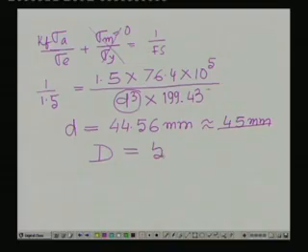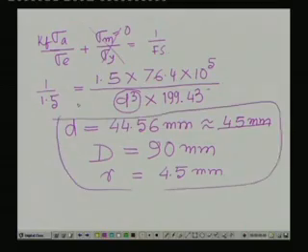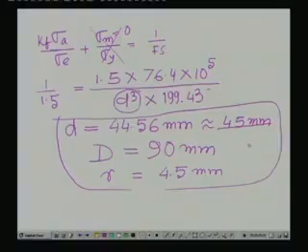Capital D will come out to be twice this, that means 90 mm, and R will come out to be 0.1, so 4.5 mm. So, here goes the final value of the design. Our rough estimation for the diameter was 30 mm roughly, but now for the fatigue design considerations it comes out to be around 45 mm.